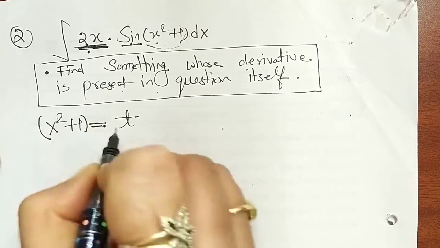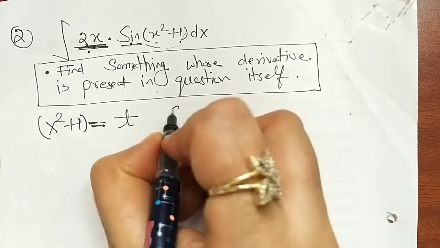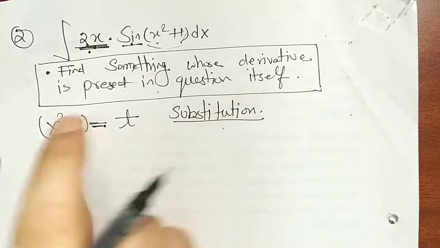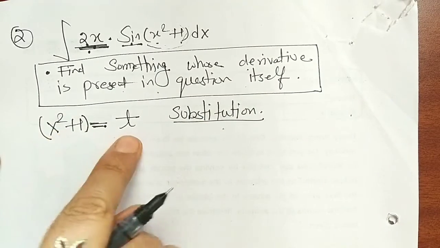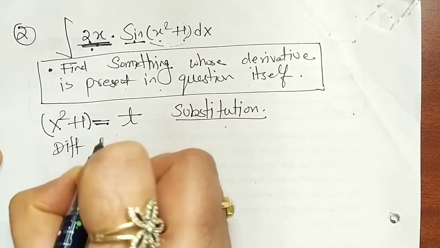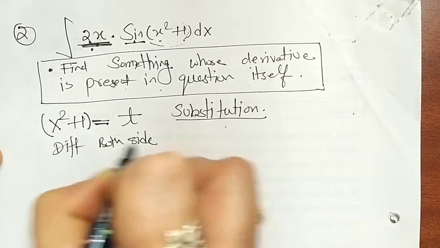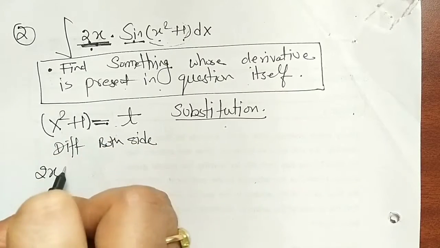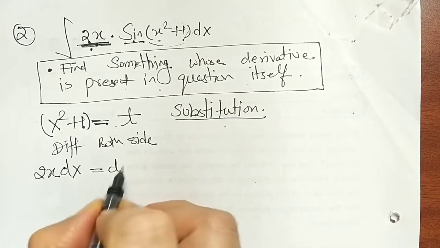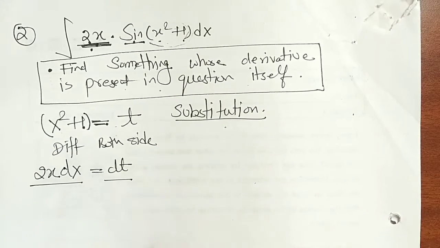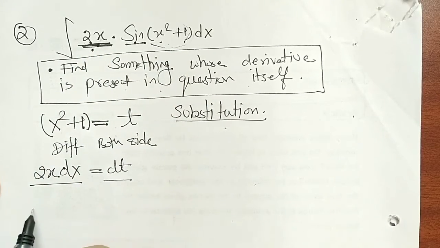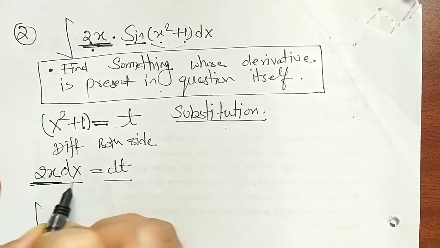And this process is called substitution. You have substituted x square plus 1 by t. Now the step is to differentiate both sides. So what will you get? Here 2x dx, because the derivative of 1 is 0, is equal to dt. So I got 2x dx and dt, which is present in the question. Okay, now rearrange the question to bring 2x with dx.